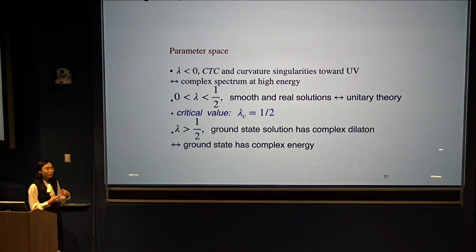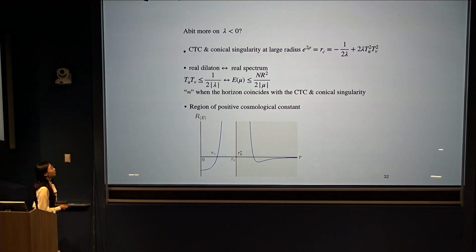But if lambda is greater than a half, what happens is that the dilaton will become complex. If we are in the safe region, the ground state is smooth and real, but otherwise there will be problems. Here is the diagram showing what happens to the curvature when lambda is negative. There is a singularity in between.